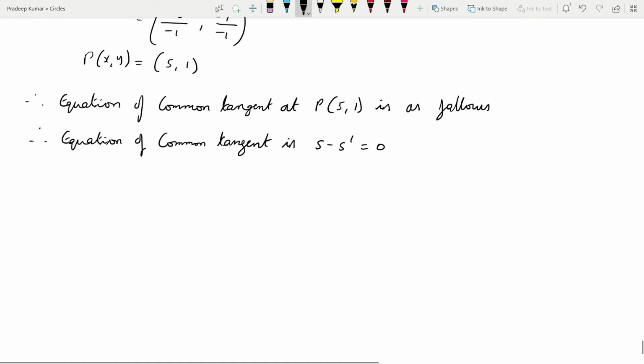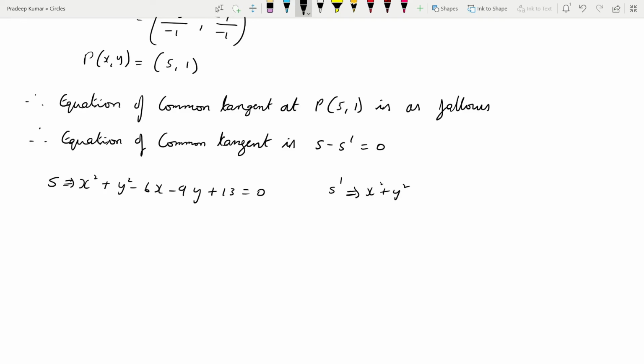For the given two equations, we have taken one equation as S. We have written the first equation as x squared plus y squared minus 6x minus 9y plus 13 equal to 0, so the first equation is represented with S. The second equation is S dash, that is x squared plus y squared minus 2x minus 16y equal to 0. To find the common tangent of both circles, the form is S minus S dash equal to 0. So we'll substitute over here, and then we'll get the common tangent.